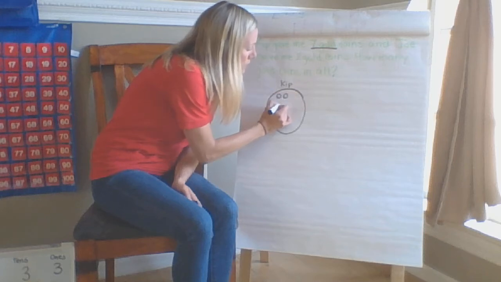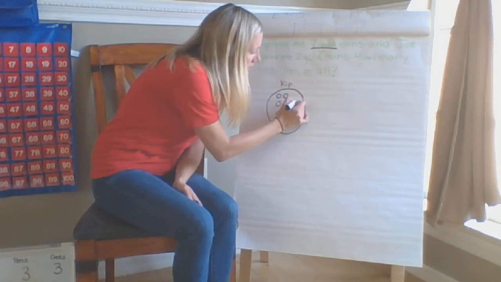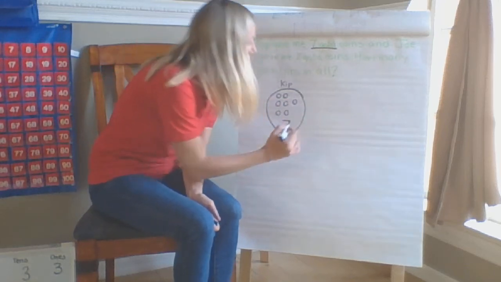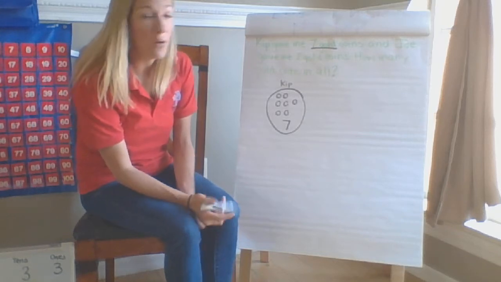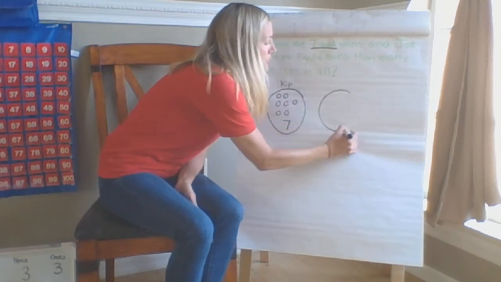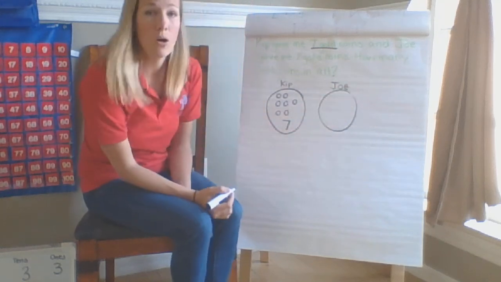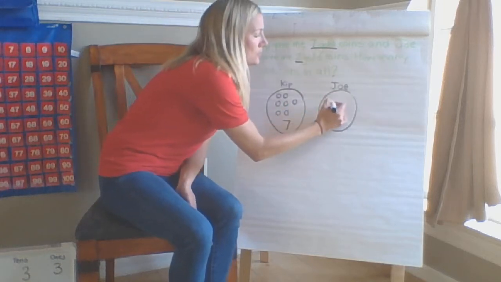So here's my 7. 1, 2, 3, 4, 5, 6, 7 gold coins. Now the next part was Joe. Okay, so I'm going to draw a circle for Joe. Now Joe gave us how many? 2 gold coins.